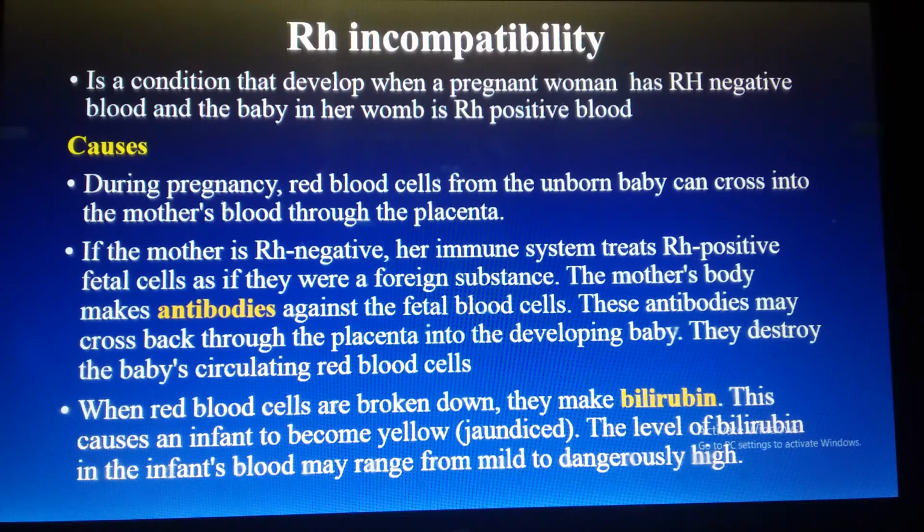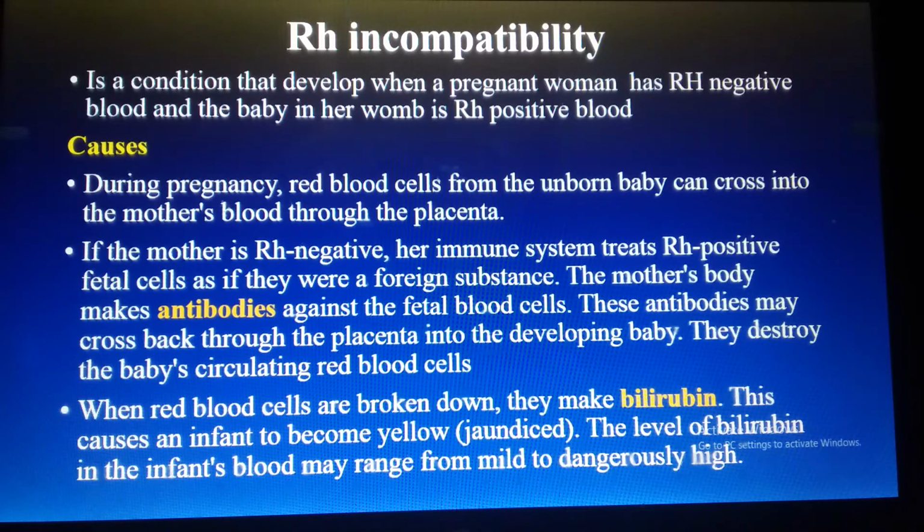So the level of the bilirubin in the infant's blood may reach from mild to a dangerously high level.